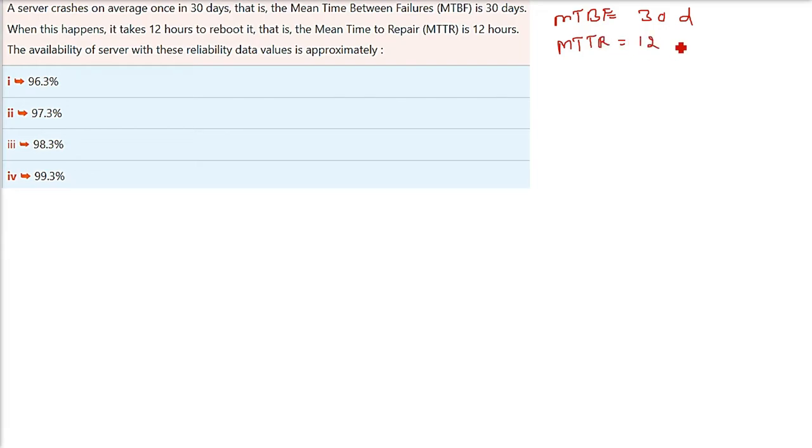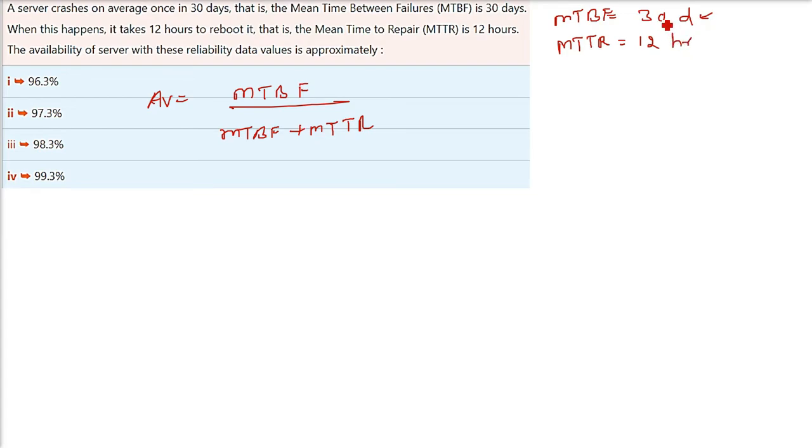Since it is in hours, you have to convert days into hours. The availability of the server with these reliability values is approximately. So availability is MTBF divided by MTBF plus MTTR. So these days need to be converted into hours.